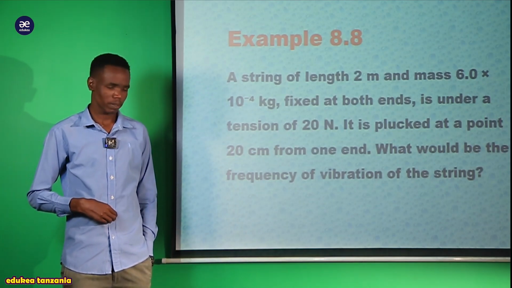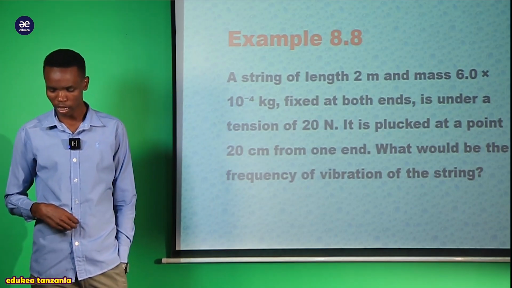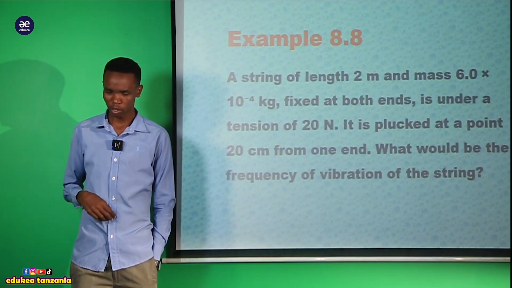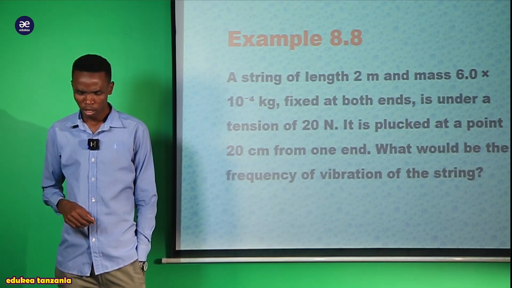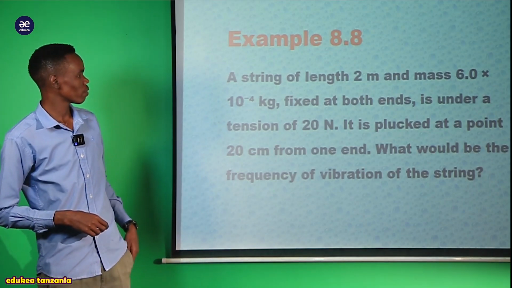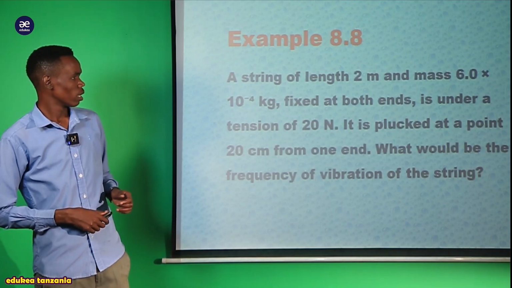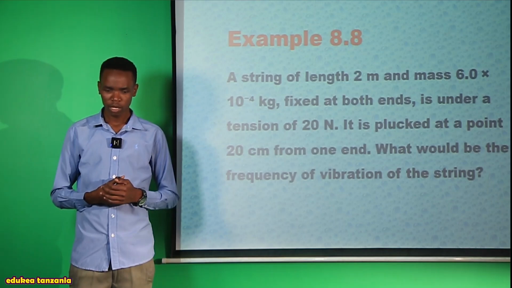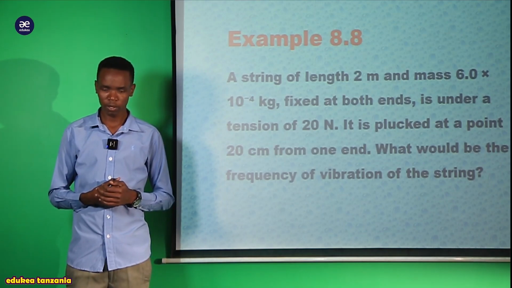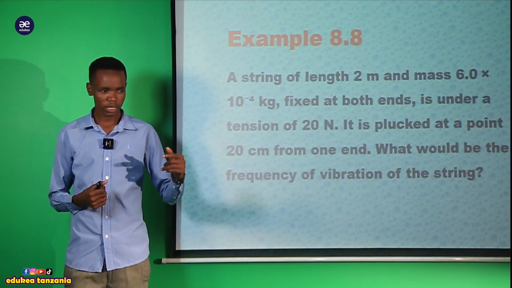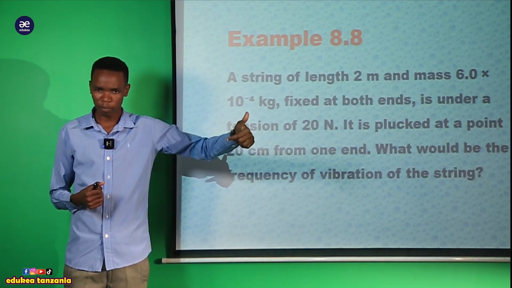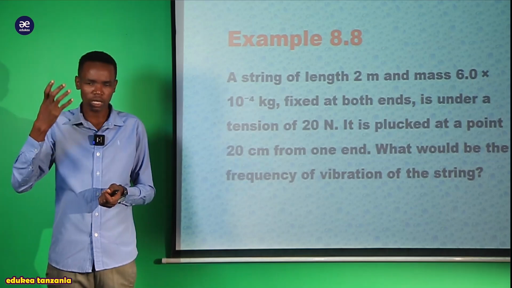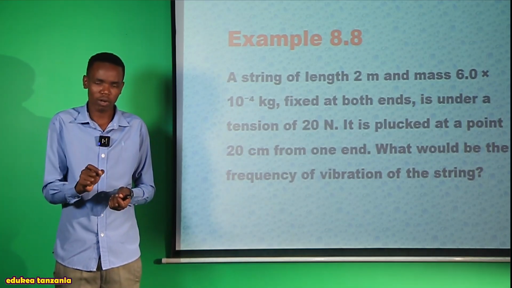The thing we are supposed to do first, before we start solving this question, is to summarize the data that we have. We have the length of the string, because we have been told that the string has 2 fixed points. It is fixed at one point and also at the other point, and it was plucked as we were told.